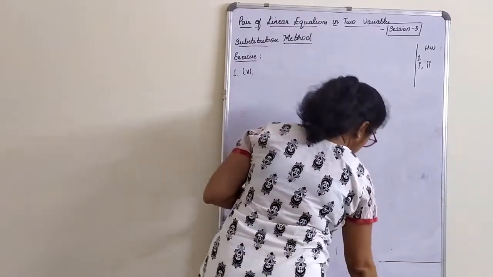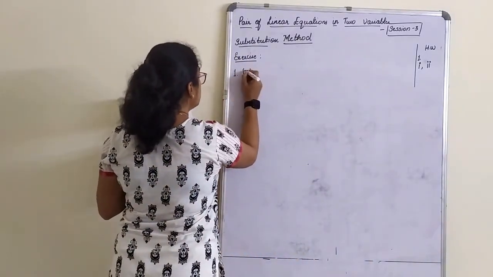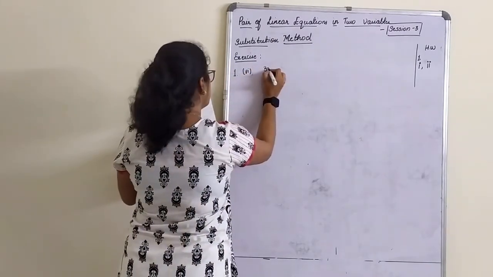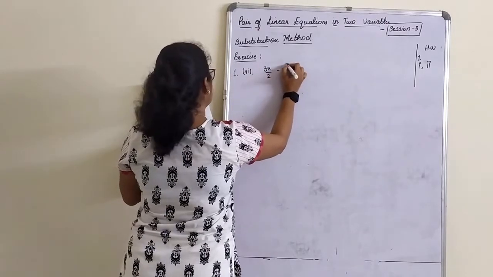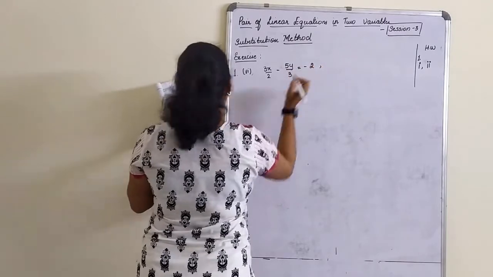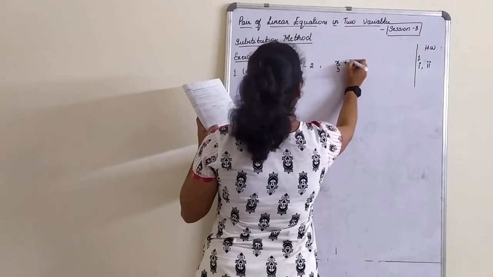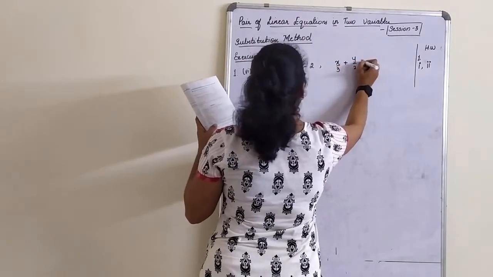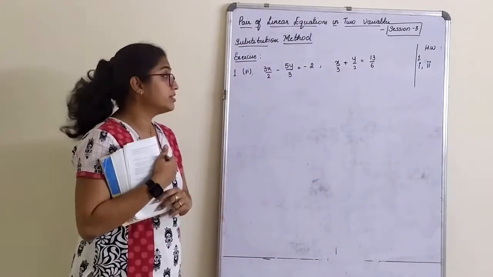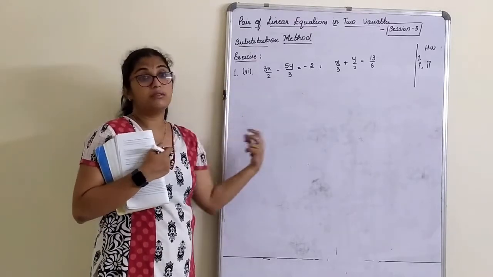Okay. Let's start with this. The last one here in the first main, which is the sixth one. It's a fraction given: 3x by 2 minus 5y by 3 is equal to minus 2, and the next equation is x by 3 plus y by 2 is equal to 13 by 6. Now see, first and foremost what you can do here is apply substitution directly and go ahead by transposing a term to here and there.